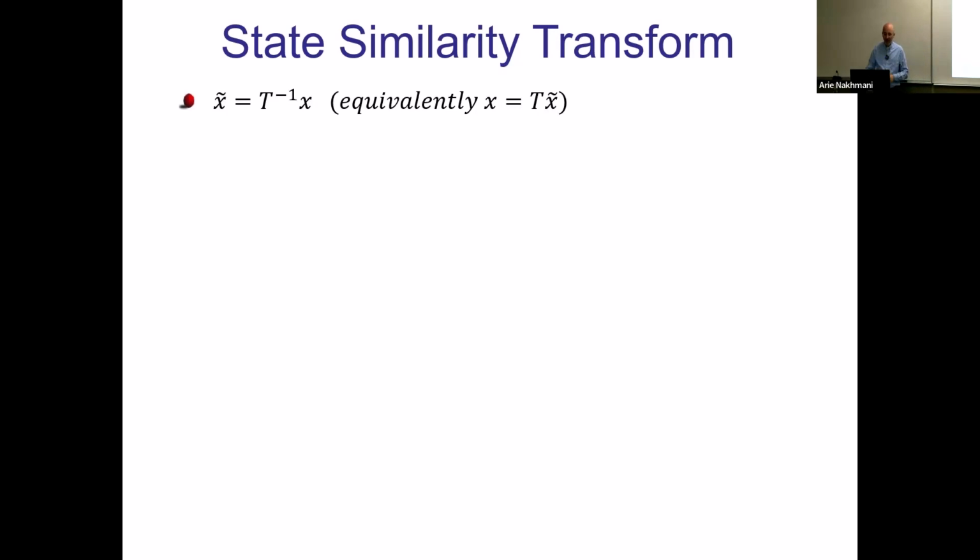And we can define a new type of vector X tilde based on the original vector X as just multiplication by T inverse. Okay, and T is just any invertible matrix, like pick any matrix you want. Also equivalent, you can say that X equals T times X tilde, and X tilde is a new state.